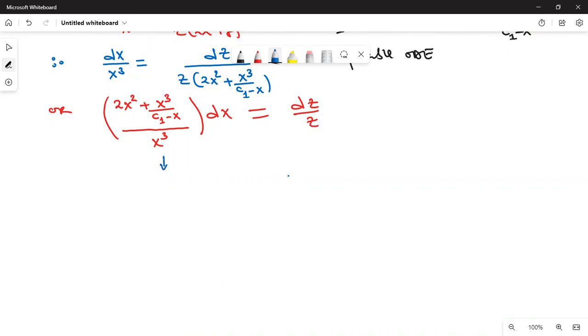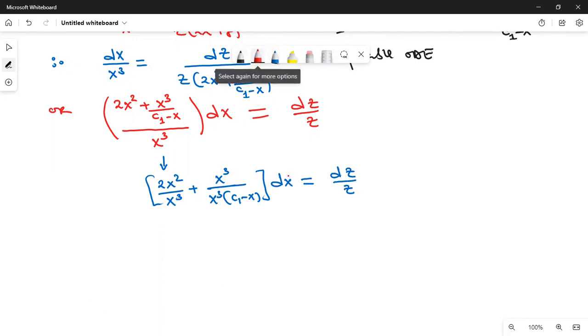This can now be written as 2x squared over x cubed plus x cubed over x cubed into c1 minus x, dx, is equal to dz over z.